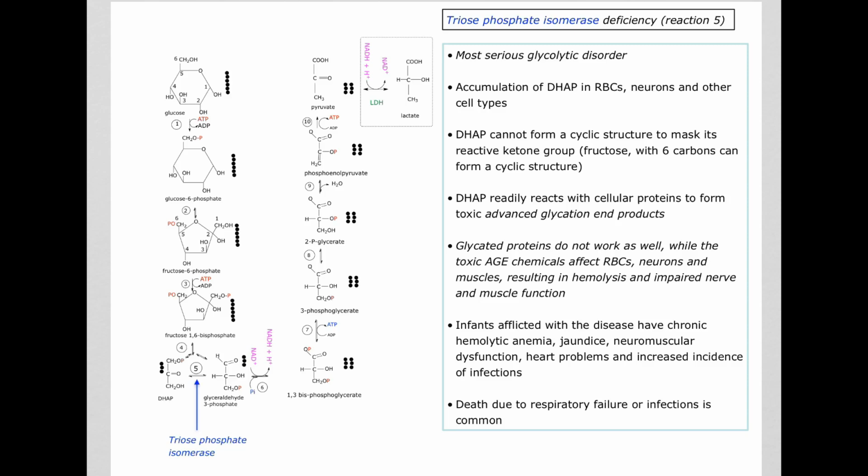So infants afflicted with this disease will have chronic hemolytic anemia, because the red blood cells are breaking. When red blood cells break down, as we shall see in the future, the hemoglobin is converted to bilirubin. High levels of bilirubin in the body lead to jaundice, which is the yellowing of eyes and skin. There is neuromuscular dysfunction, heart problems, and increased incidence of infections. These infants usually die of respiratory failure and/or infections.